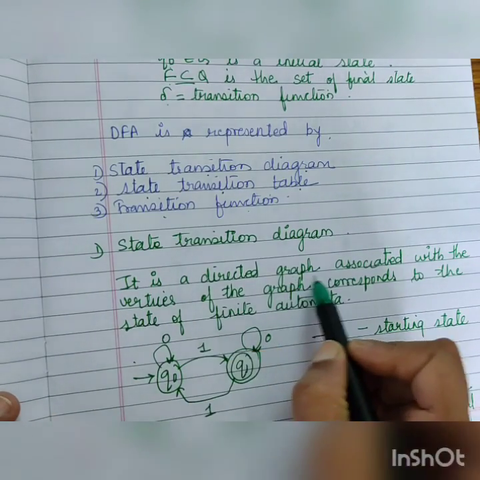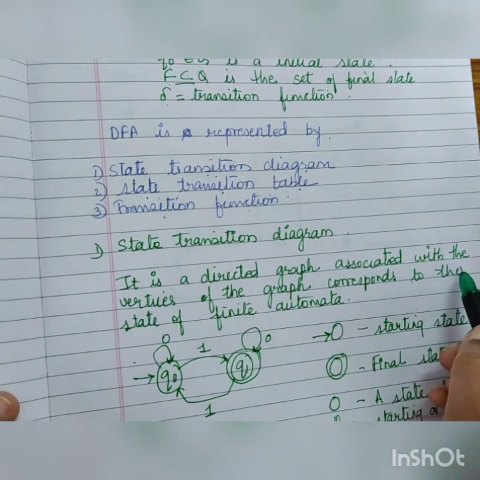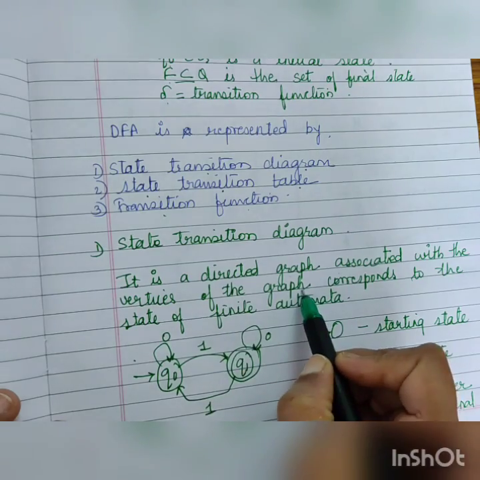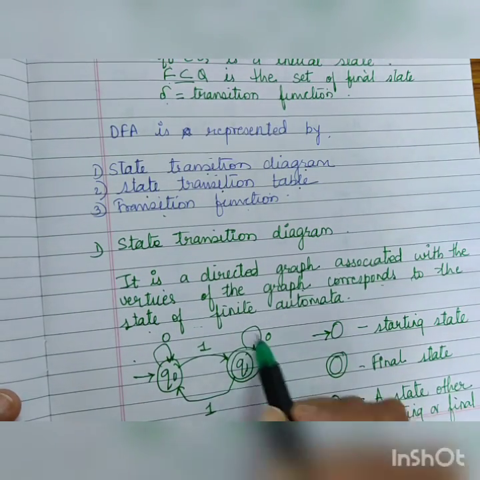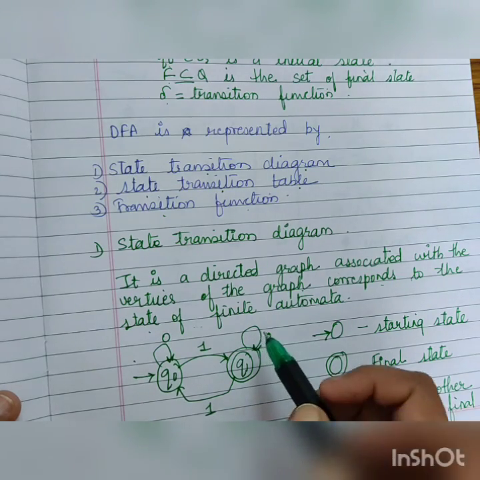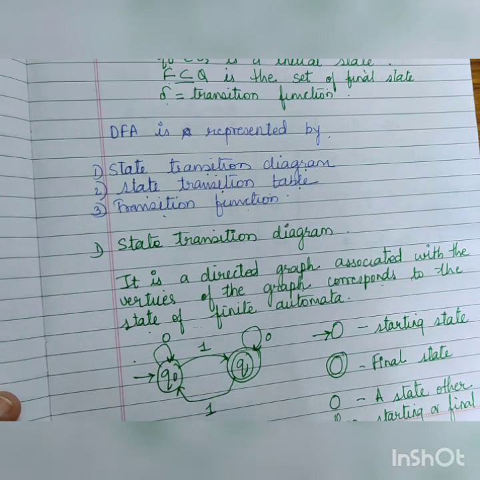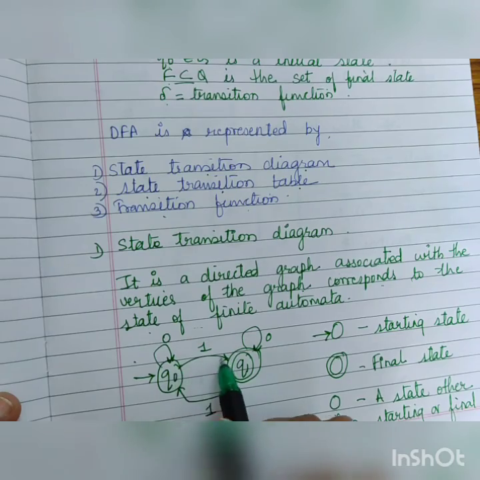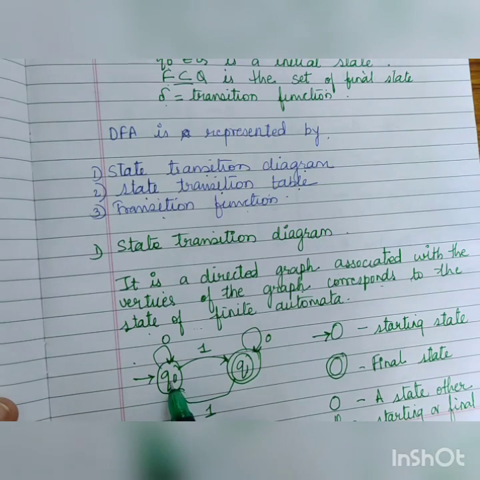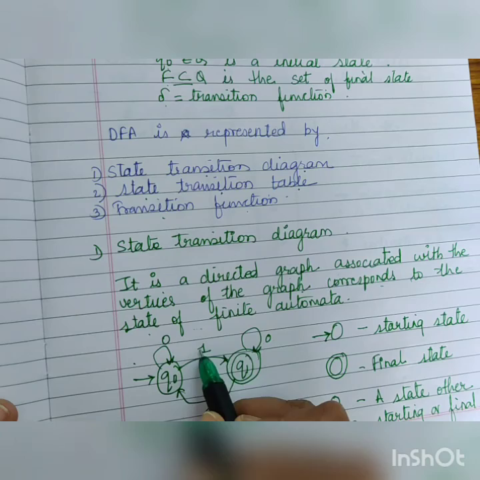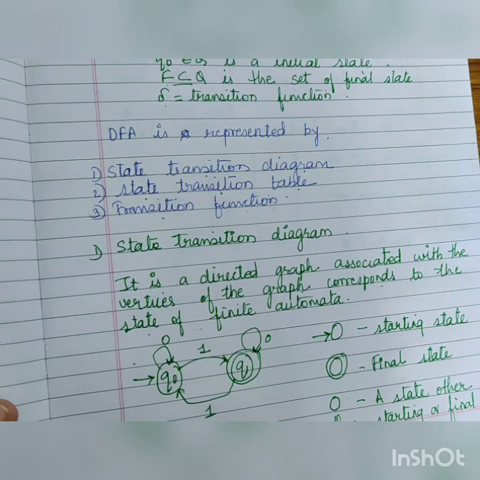It is a directed graph in which the vertices of the graph correspond to the states of the finite automata. Let us see this example. This state transition diagram is a directed graph because there are arrows indicating the direction of the input from one state to another state, and on every transition you can see the input symbol.